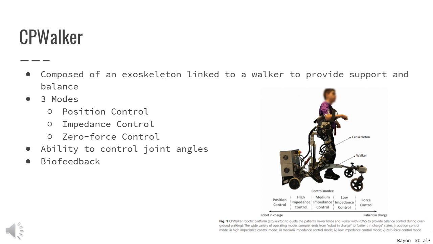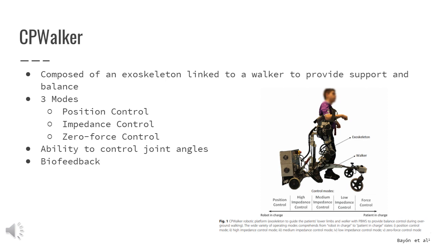This one takes into account the patient's collaborations. So it is a sum of robot assistance along with voluntary muscular control. This can range from high, medium, down to low. Our last mode here is the zero force control. So there is no trajectory references being given to the patient so that the patient is able to move with minimal assist. This is primarily used just to provide balance and stability during gait.